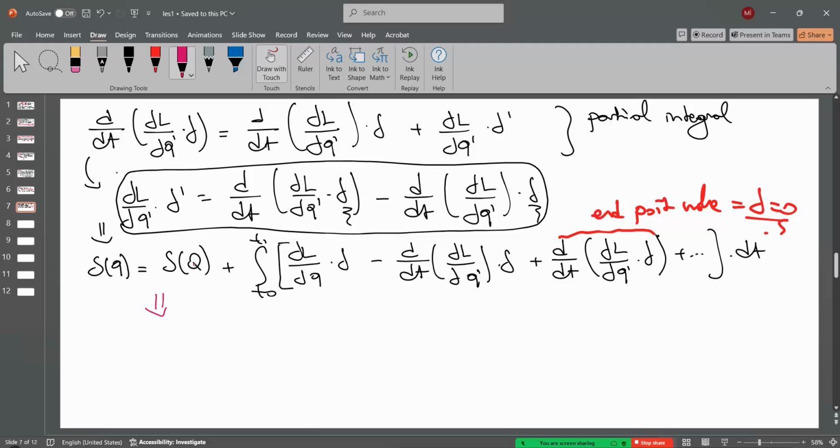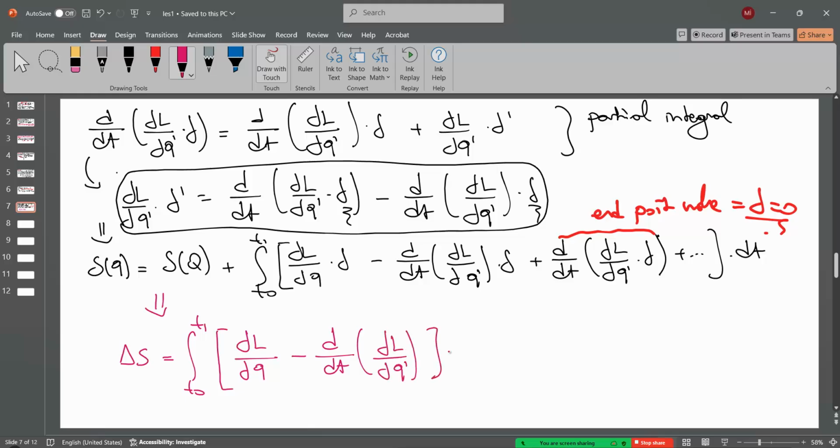We have the maximum values in here, but also we have the delta S in here, t0, t1. And also we have the integral form in here, the partial derivative of dL/dq minus d over dt of dL/dq dot times delta plus blah blah blah and dt. Okay, these are the general form of this one.